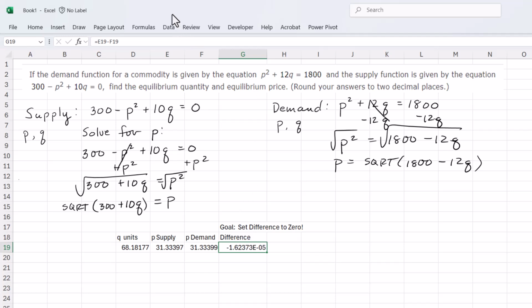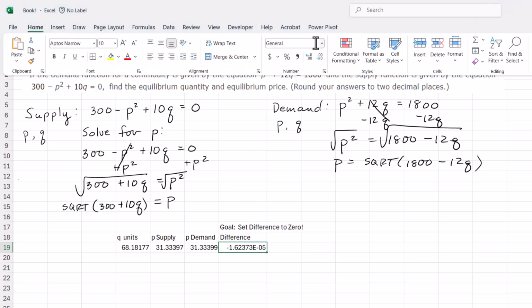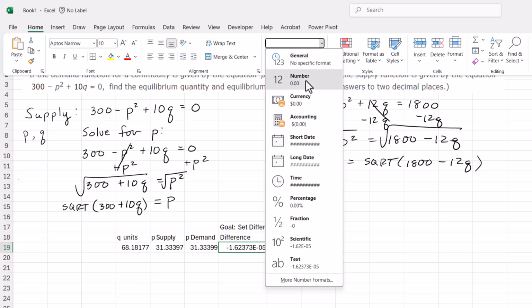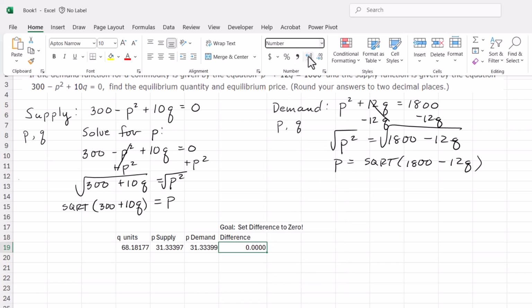And if I change this into a decimal and increase the number of digits, you can see that if I move the decimal point over, I've got all these leading zeros. If I moved it 1, 2, 3, 4, 5 decimal places, then I'd have 1.6237.